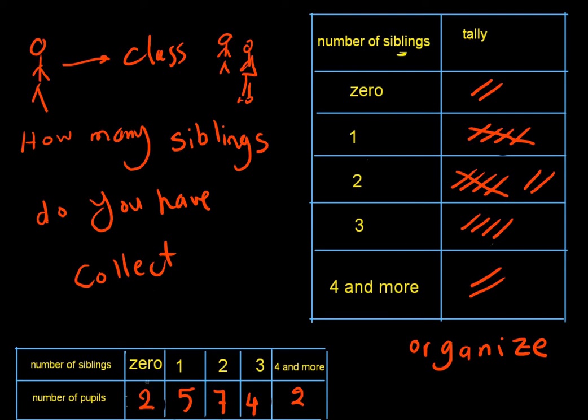To make it simpler, we make a small table and just write number of siblings and number of pupils. Okay, now it's time for drawing it as a bar chart. We already had the bar chart here. I just take this table to there.